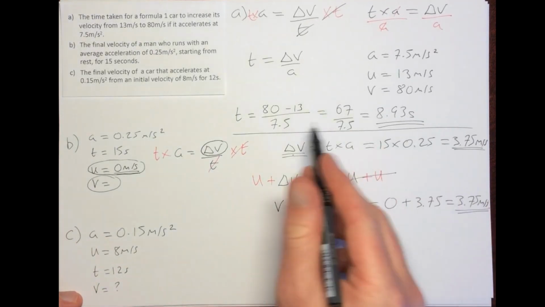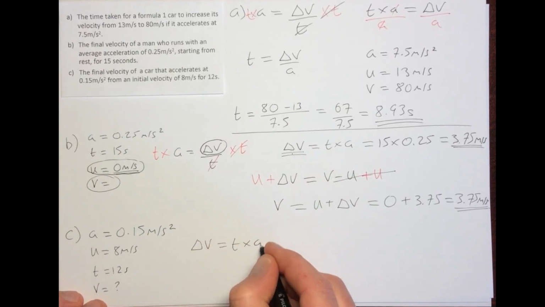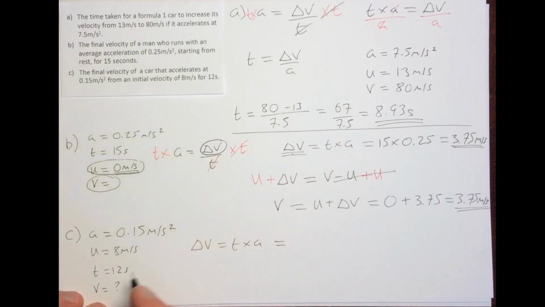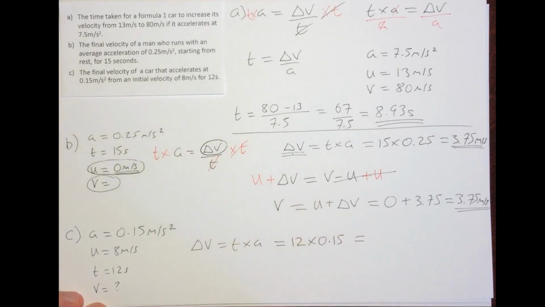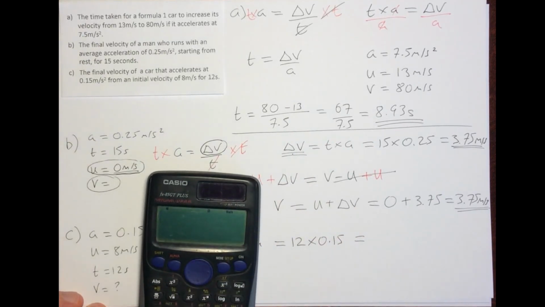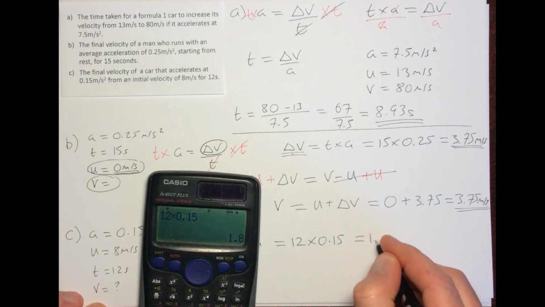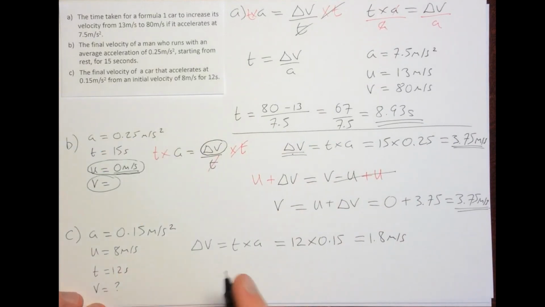So once again we can rearrange the equation to get delta v equals t times a. So t here is 12 and a is 0.15, so we multiply those together. 12 times 0.15 gives you 1.8 meters per second. So far so good. So we've now got the change in velocity.